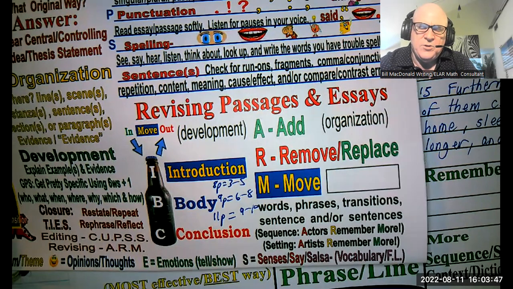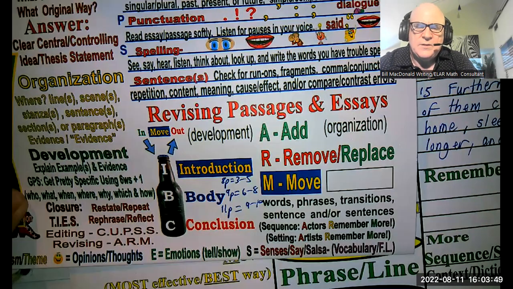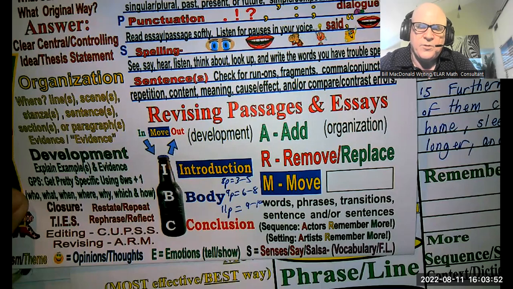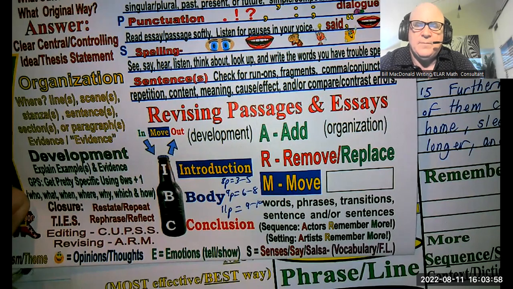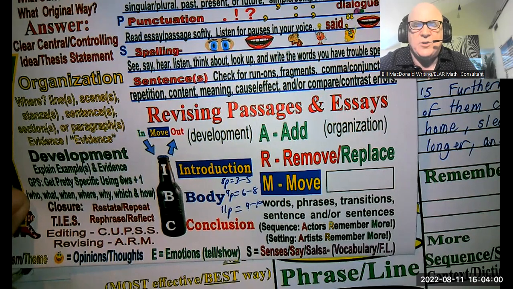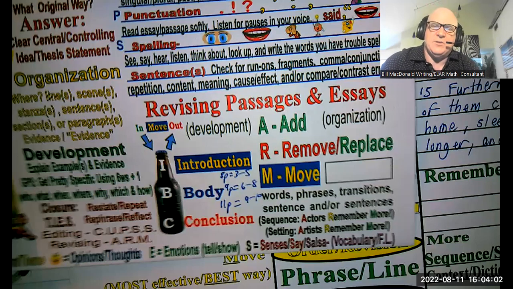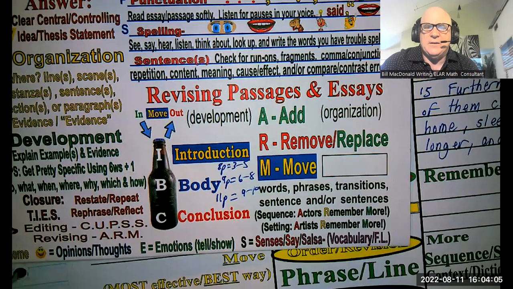Now, if they do the test for 3rd through 8th grade like they do 9th and 10th, and like they've always done for reading and math, they start with the revising passages, then they move to the editing, okay?